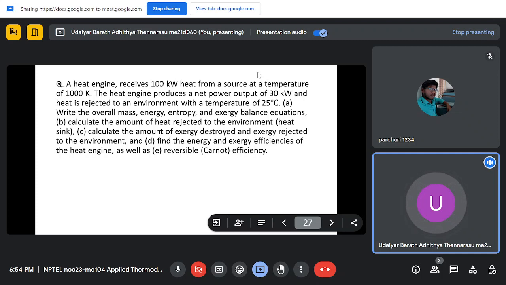Carnot efficiency you have to be careful because one source temperature is given in Kelvin, the other is given in degrees Celsius. So you have to convert everything in Kelvin and use.